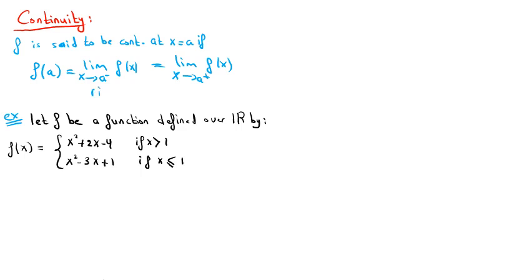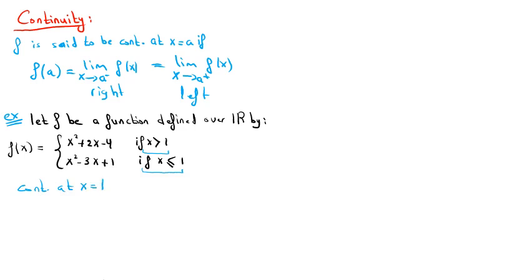Here we say that it is right, and here we have left continuous. Let f be a function defined over R by f of x equal x squared plus 2x minus 4 if x is greater than or equal to 1, and x squared minus 3x plus 1 if x is less than or equal to 1. We want to study the continuity at x equal to 1.